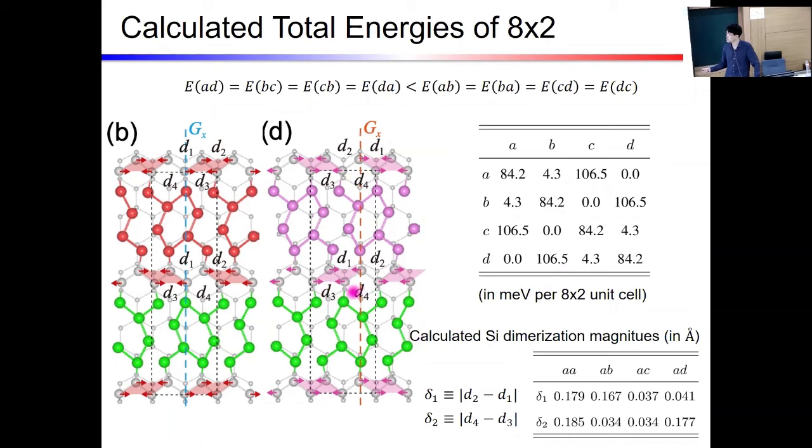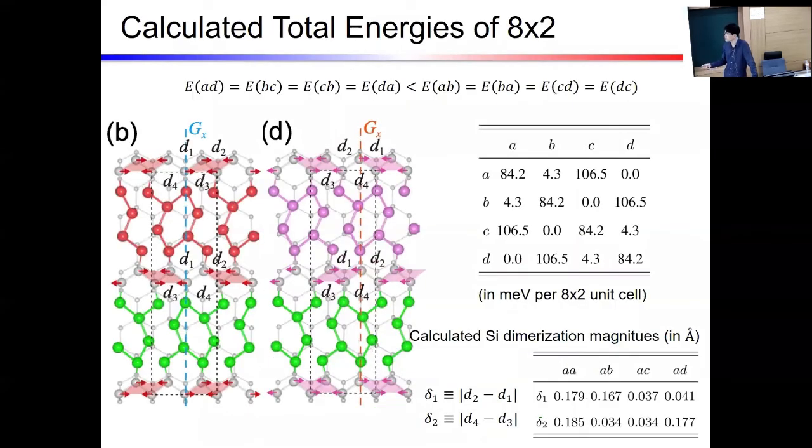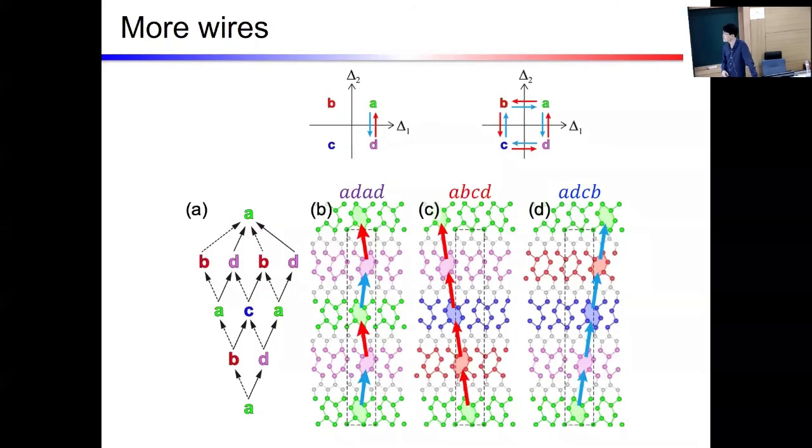This is the lowest and this is second lowest, but the energy difference is not that big. This structure looks similar, but in previous DFT calculations they didn't distinguish them; they randomly chose one of them. This is the first time we actually distinguish these two structures and find the true lowest structure.